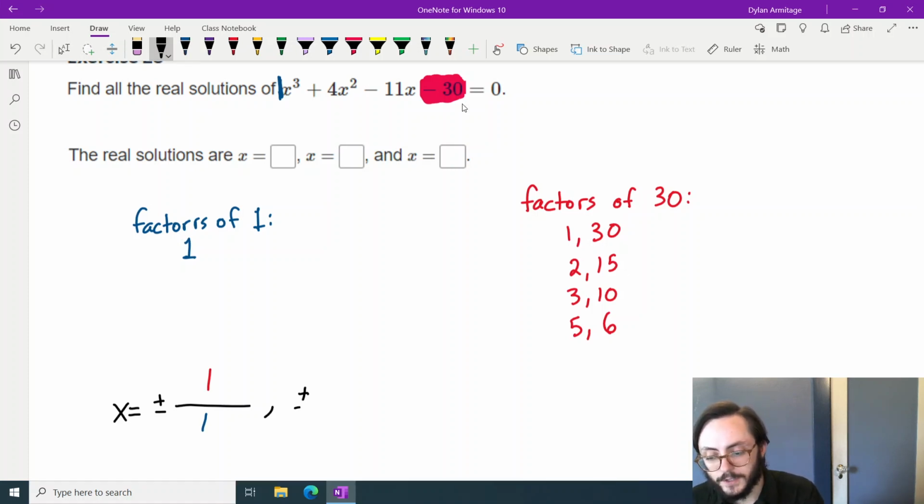So we see that we have 8 possibilities here. There are 8 factors of 30 and only 1 factor of 1, so we will have 8 times 1 possibilities.